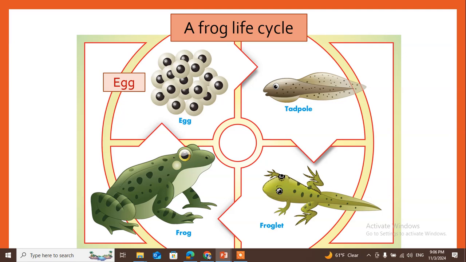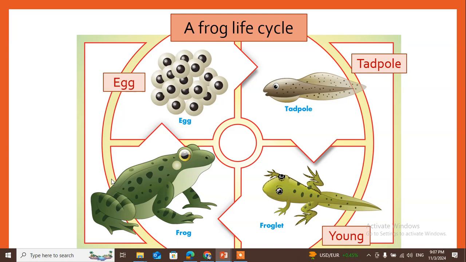A female frog lays its eggs on water. These are the frog's eggs. A tadpole hatches from an egg. Young frog has legs and the tail will soon disappear.